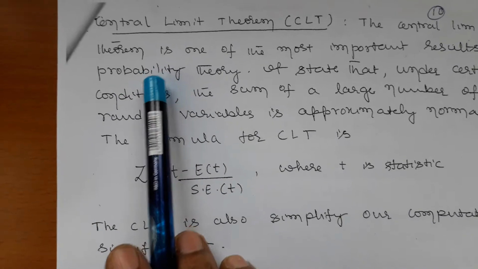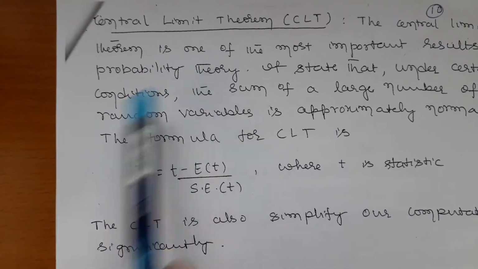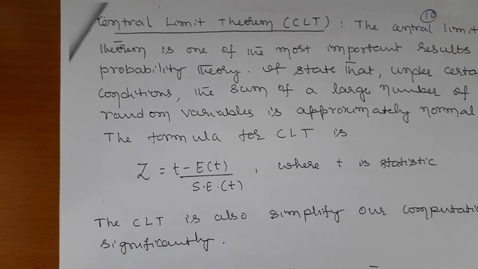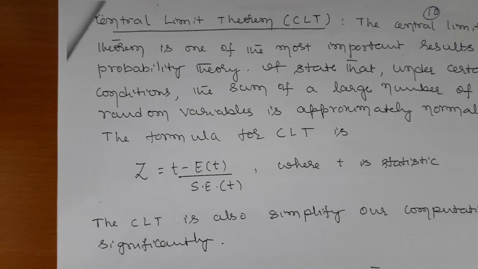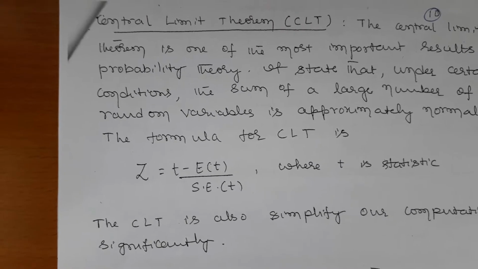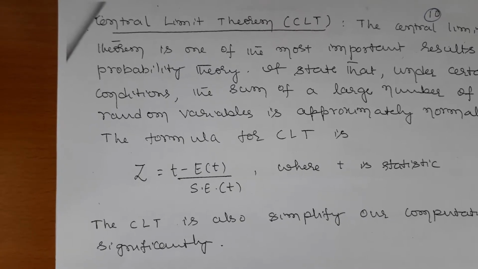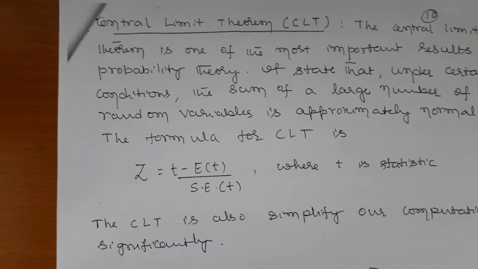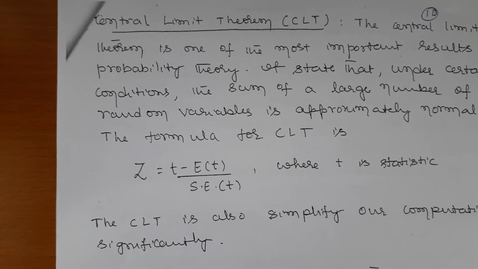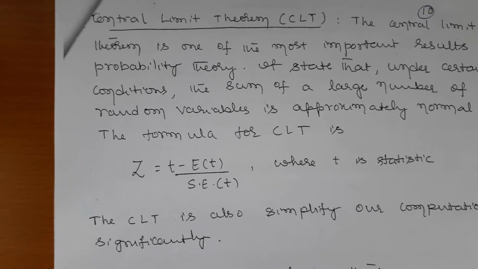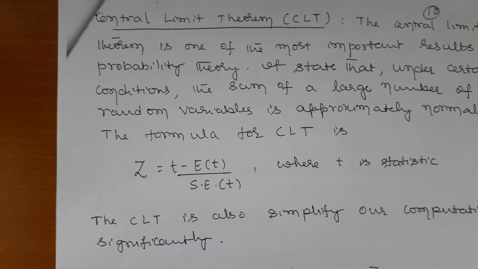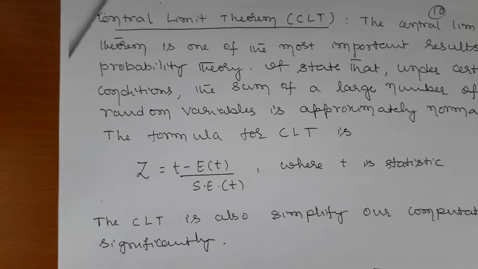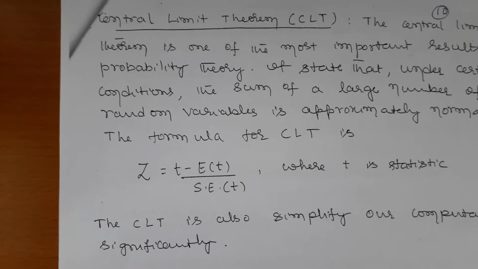One thing we are going to do while applying testing of hypothesis: suppose the size of the given sample is large. Even though it is not mentioned that the distribution is normal, we are going to assume, or treat, the given distribution as normally distributed. It's normally distributed, but you can't use the same steps you already studied in the normal distribution, because here we are creating a sample from the population.